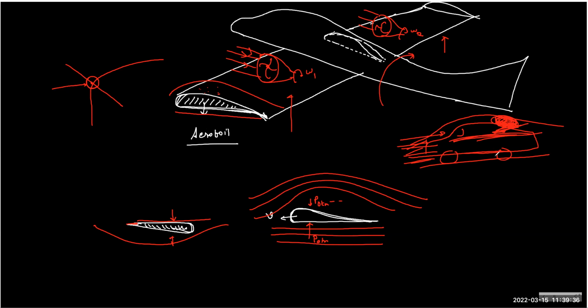So a lot of aerodynamics is going on in automobile sector, in pipeline, in petroleum industry when they have to bring the crude oil from the bottom of some reservoir, and everything uses the concept of the aerodynamics.